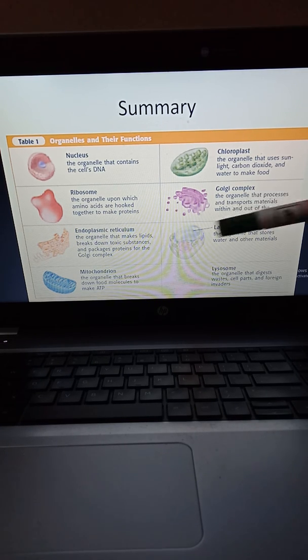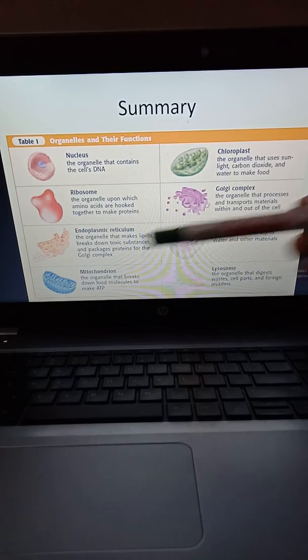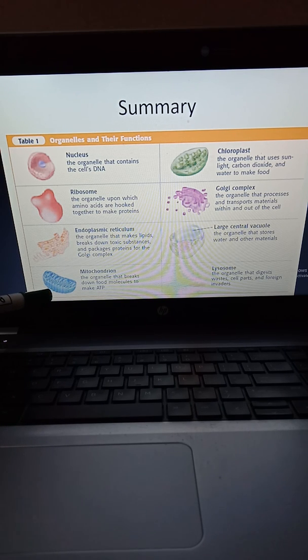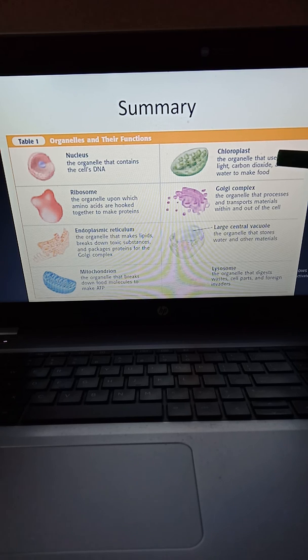All of these four organelles are related to protein synthesis. The other two were related to energy processing, and you can name them for me. One was the mitochondrion and the other is the chloroplast.